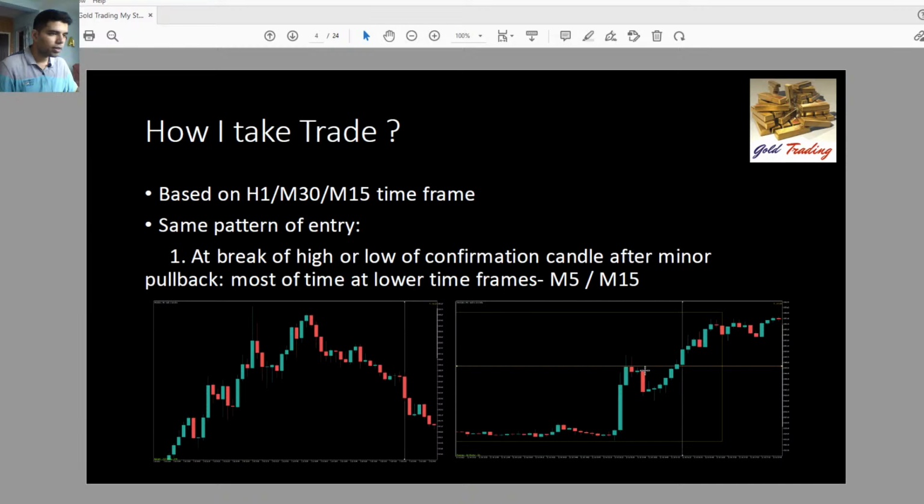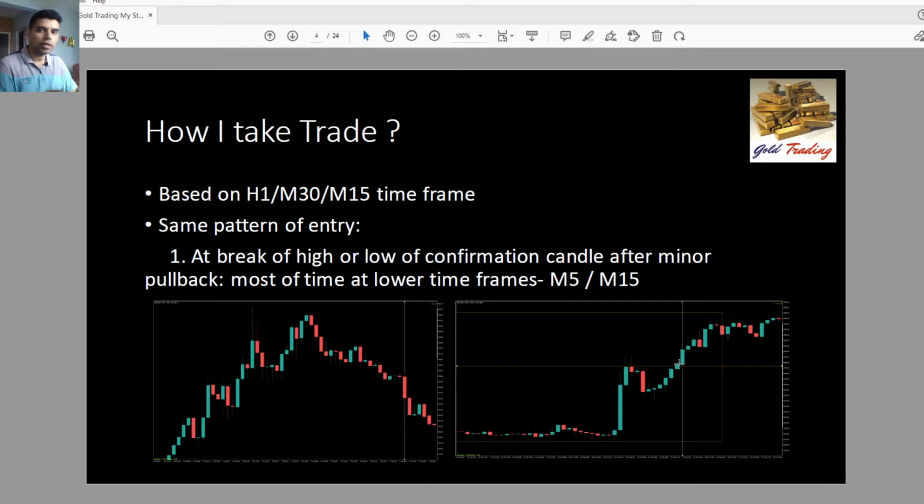So we wait for a green candle to breach above this and close above this price level, then we take the trade at the breach of the high of this confirmation candle. Okay guys, so this is the confirmation candle. So this is the pattern. We have the major trend, we have the minor counter trend, we wait for the confirmation candle, and at the break of the low or the high of the confirmation candle we enter our position.